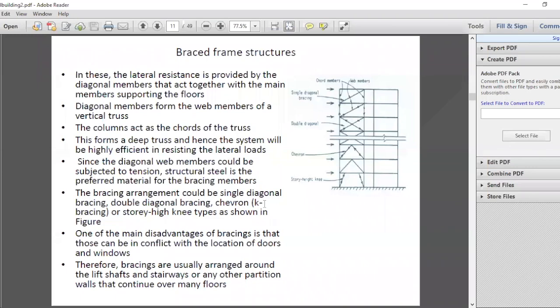So first we look at braced frame structures.